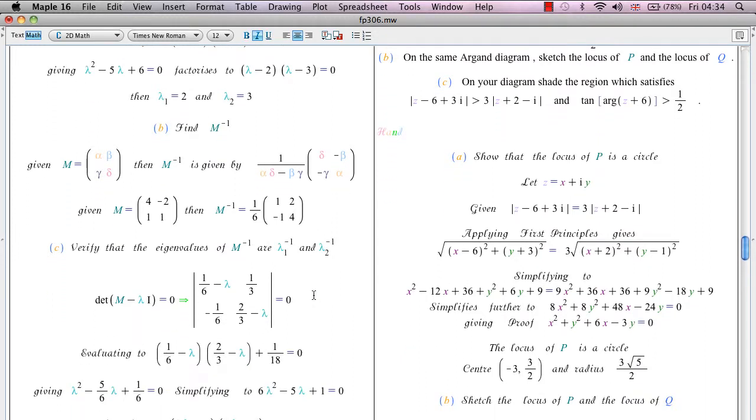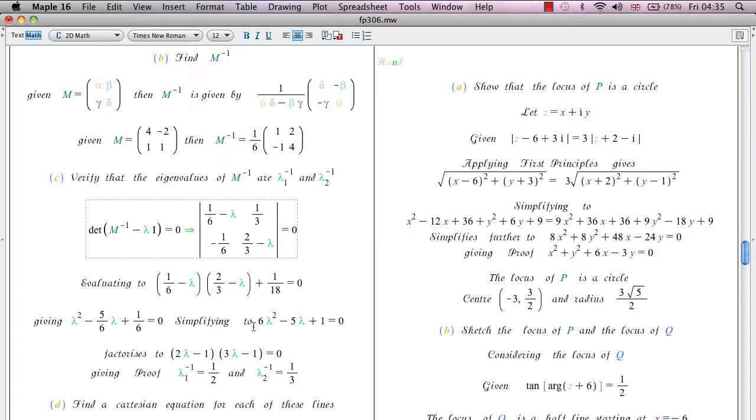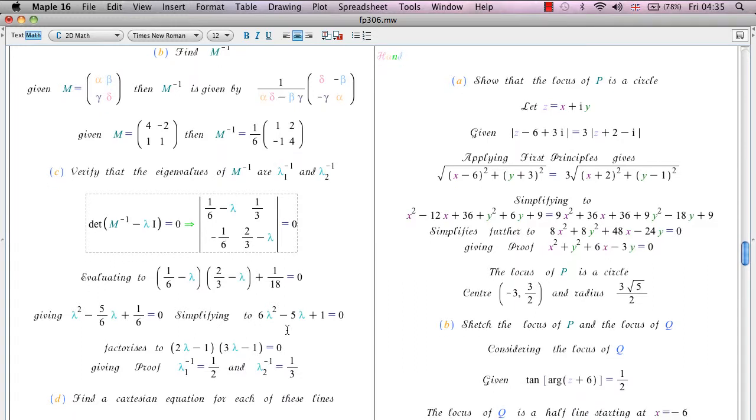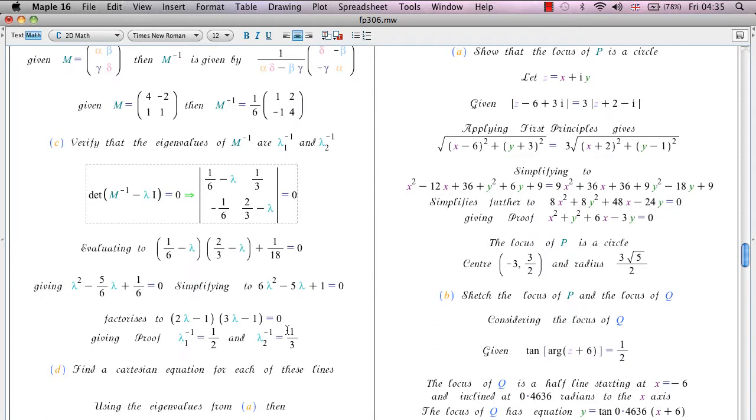And then solving determinant M inverse minus lambda I equals 0. And simplifying and factorizing proves that the two eigenvalues are the inverse of those found in A.